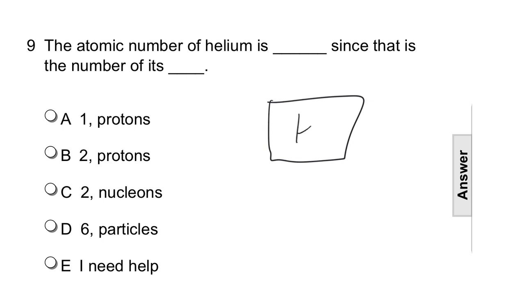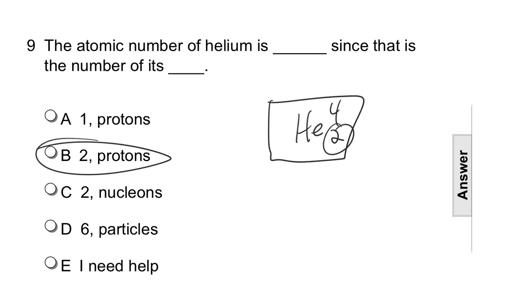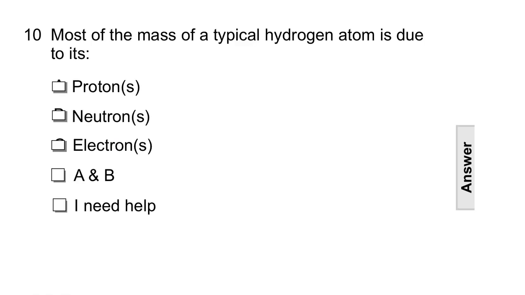Okay, once again, I would give you this. The atomic number of helium is 2, because that's the number of its protons. Okay, once again, I'd give you hydrogen like that. Most of the mass is due to, well, there aren't any neutrons in this hydrogen atom.